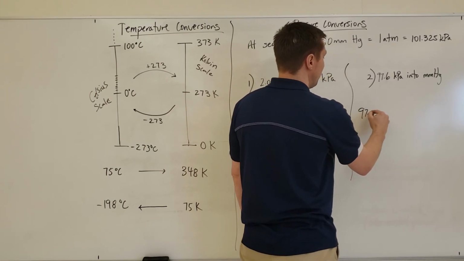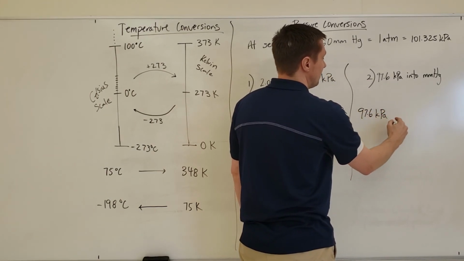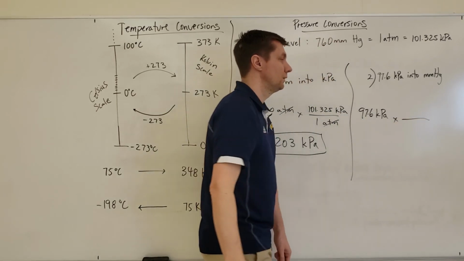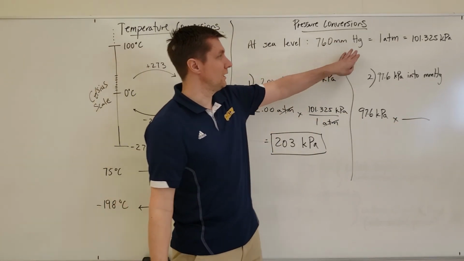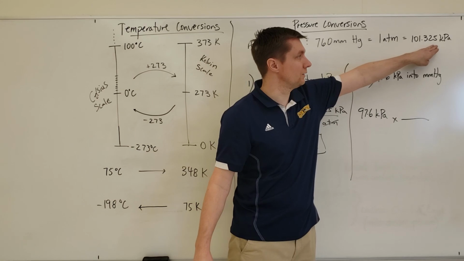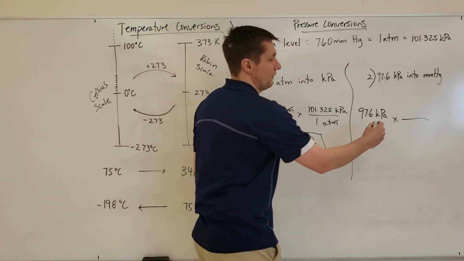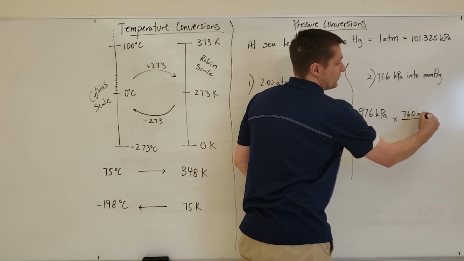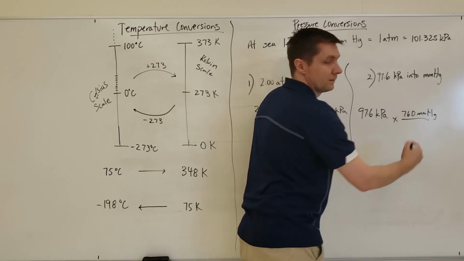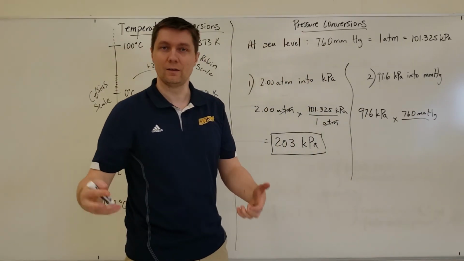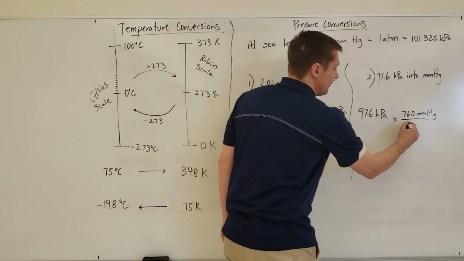So 97.6 kilopascals. And I know that, again, here's my millimeters of mercury, and here's my kilopascals. So I know that I want millimeters of mercury, so I stick that on the top, and the kilopascals goes on the bottom.